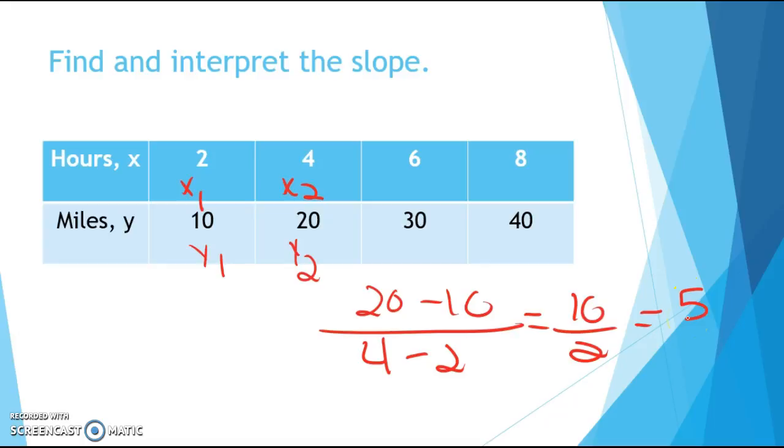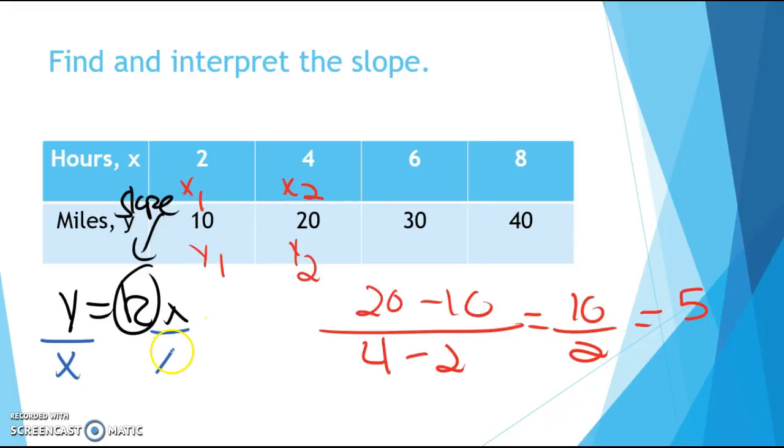Another way to do it, we kind of talk about direct variation. So our equation for direct variation is, let me use a different color, y equals kx, where k is our slope. Okay? So when we were talking about it, we said a way to solve for k is we can divide both sides by x. So then we would just be left with y over x equals k, which is our slope.